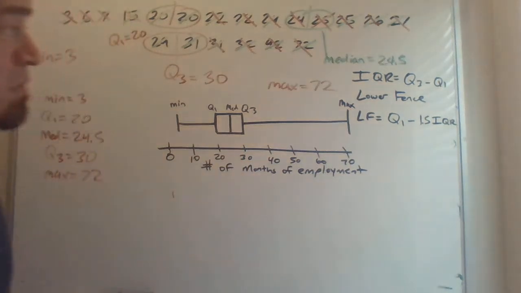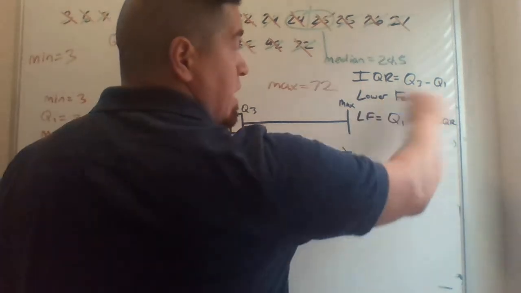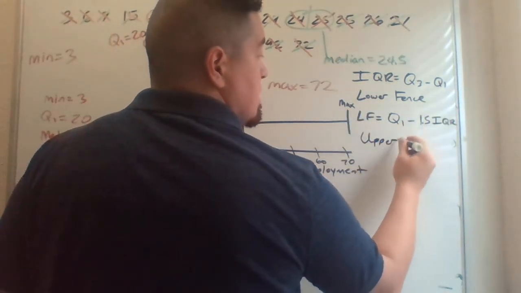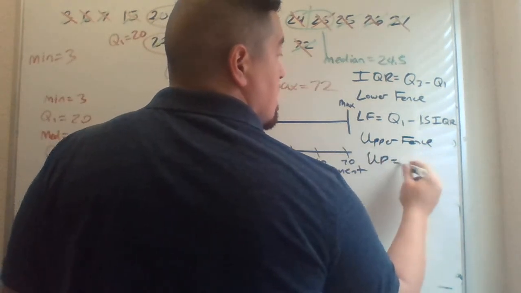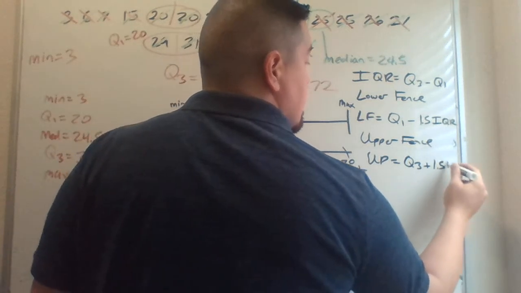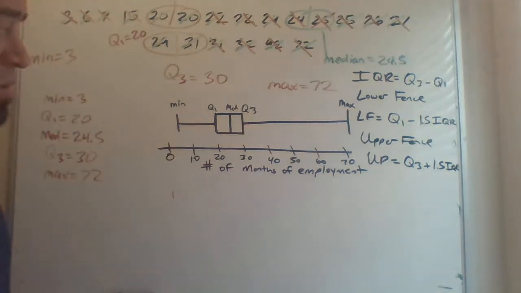So that's Q3 minus Q1. So the IQR first, then the lower fence, then the upper fence, which is equal to Q3 plus 1.5 times the IQR.